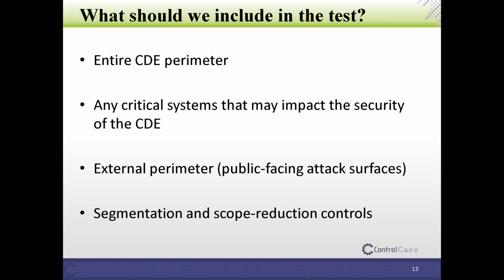And then third is segmentation penetration test, which is to ensure that the segmentation is actually working as implemented, and that it is in fact reducing the scope and ensuring that the cardholder data environment and the PCI scope is proper. So there is internal, external, and segmentation. And then within each of these, you have both the network layer and the application layer.